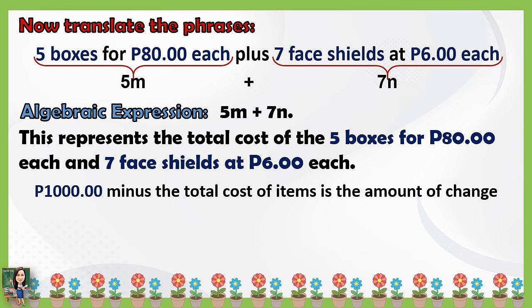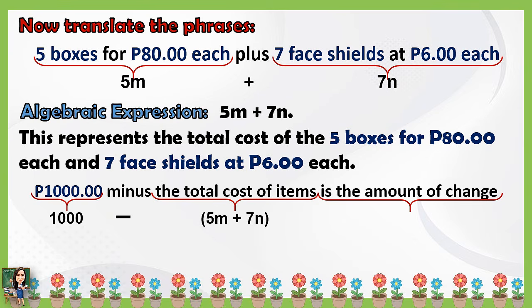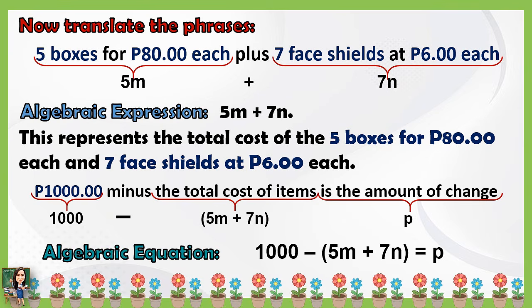Then 1,000 pesos minus the total cost of items is the amount of change. 1,000 minus the total cost of items, in parentheses, (5M + 7N), is the amount of change, which is P. The algebraic equation is 1,000 - (5M + 7N) = P.